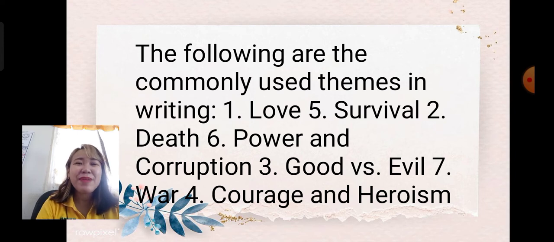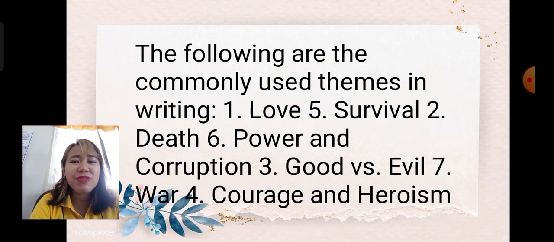So, doon pa lang is we determine that the author or the writer is ganun siyang klaseng tao, di ba? Kapag tungkol sa love, yung ginawa niyang story, which means siguro ay masaya siya sa kanyang love life, or kaya minsan ay broken-hearted or nagkaroon ng di maganda.